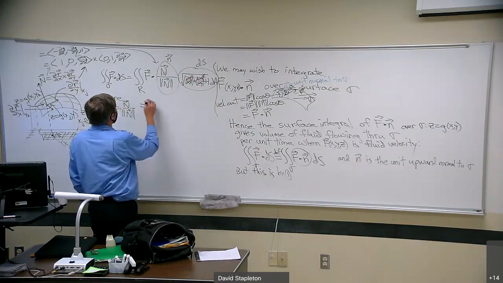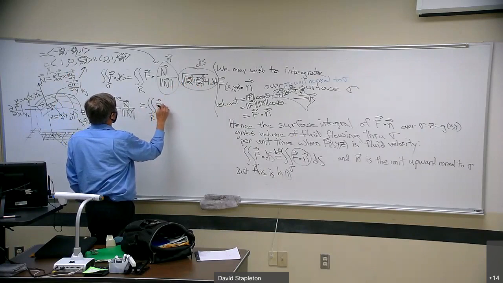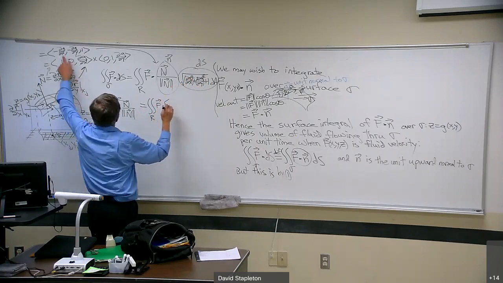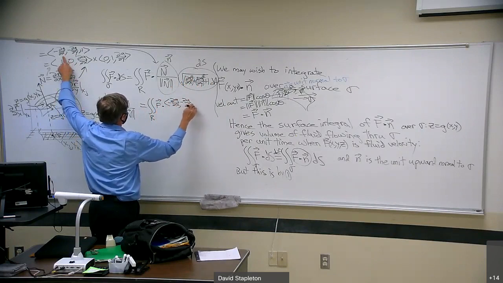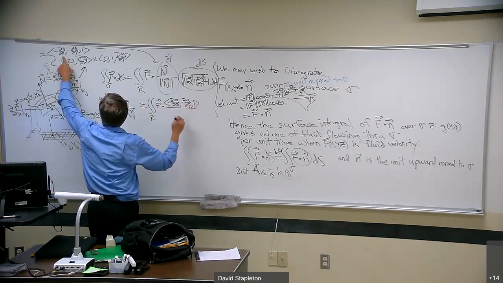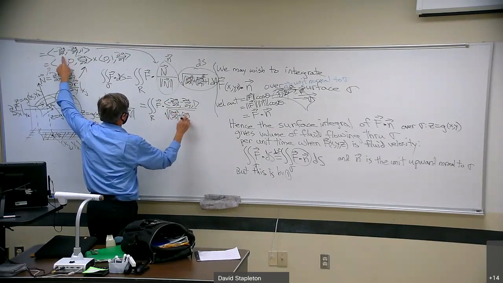But now what is this? This is the double integral over R of F dot this vector, minus dg dx, minus dg dy, 1, divided by its length. Well, you take the square root of those squares and you get dg dx squared plus dg dy squared, and minus the quantity squared, right?